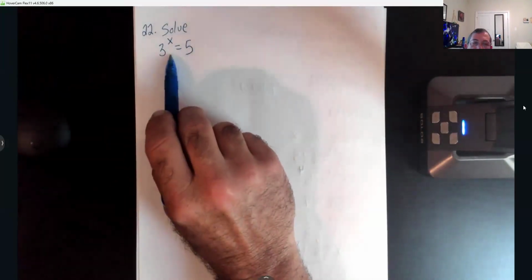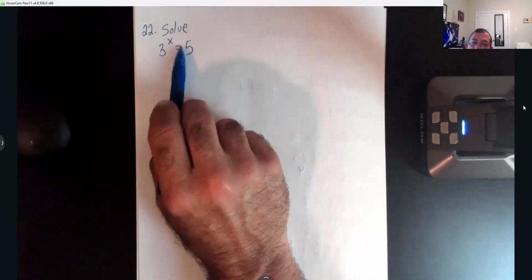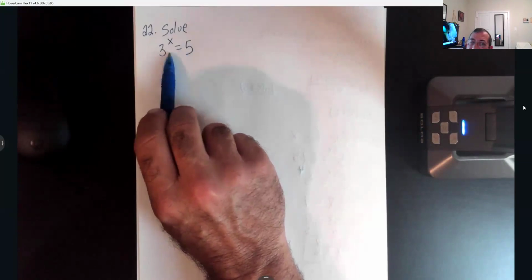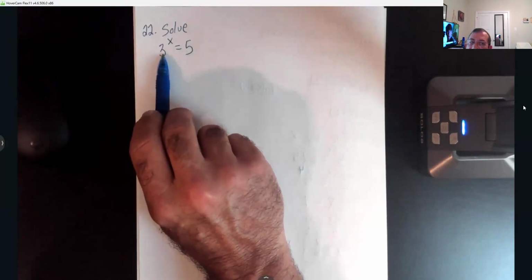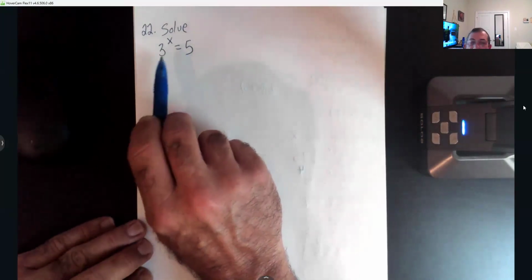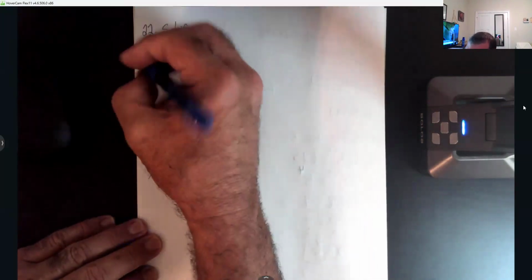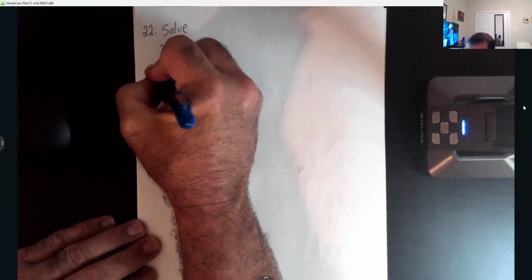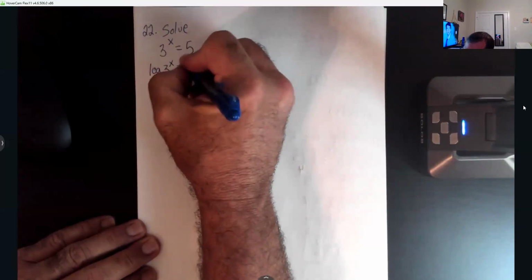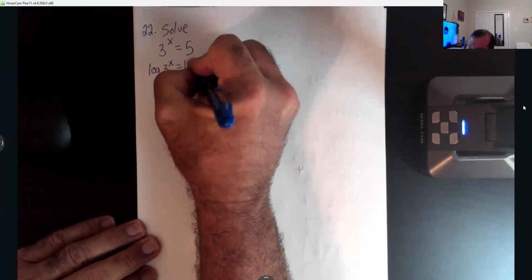So an exponential equation. So 21, I was able to rewrite both sides using the same base. Well, on this one, I cannot rewrite each side using the same base. So remember, when we couldn't rewrite each side using the same base, we had to take logs of both sides. So a log of 3 to the x equals a log of 5.